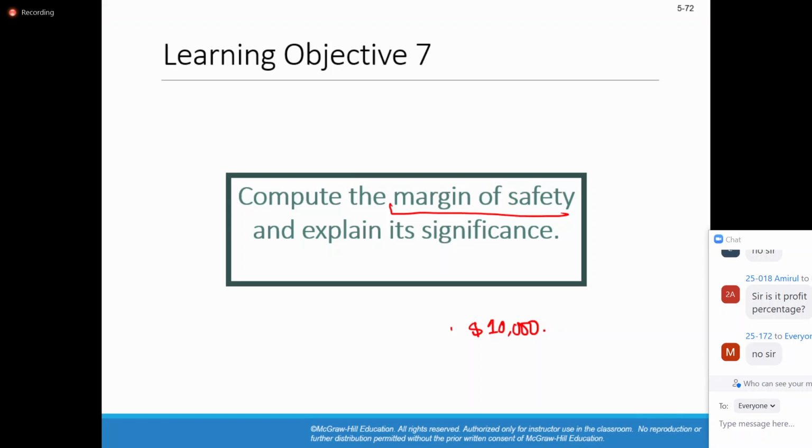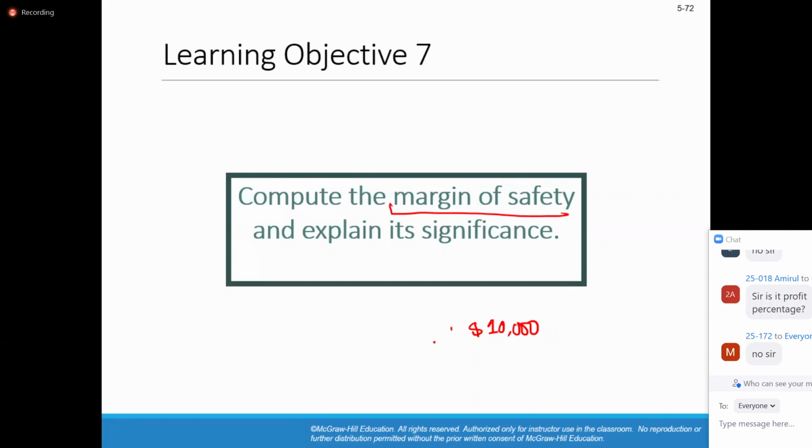So I need to have sales of this amount, 10,000, to cover up all the fixed expenses. Remember, I have not mentioned the target profit. I just have mentioned the fixed expenses.